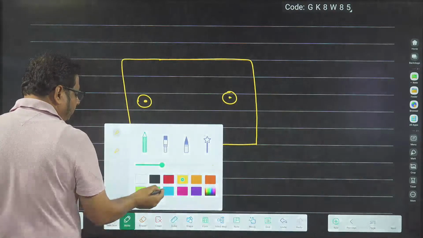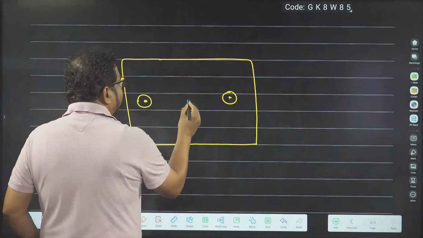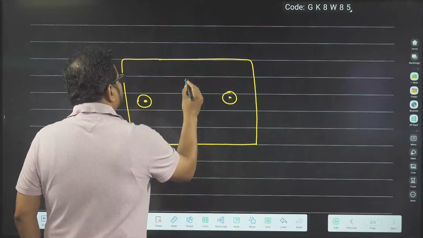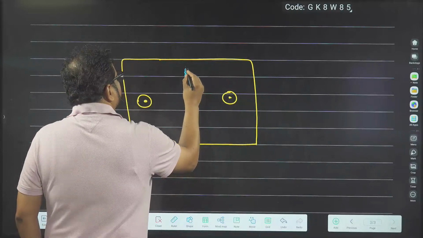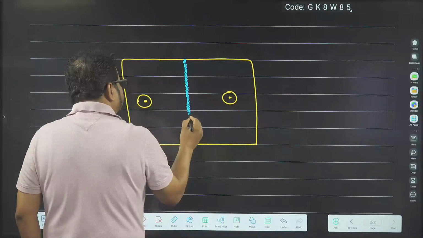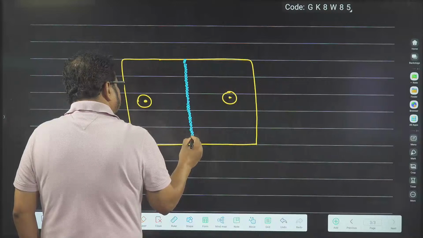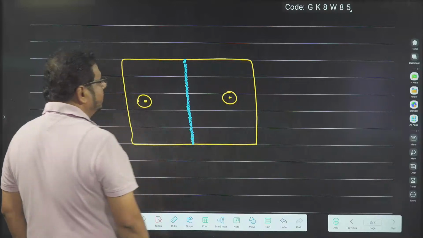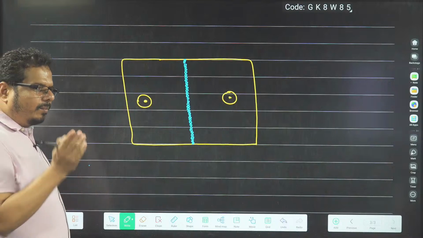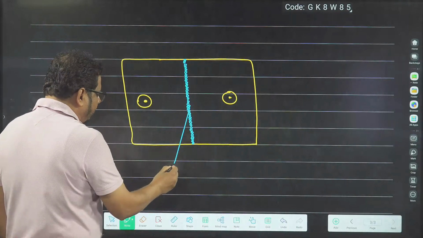Now cell wall formation occurs. The vesicles of the Golgi complex are arranged like this. Not only Golgi vesicles are there, many other things are there too. Microfilaments are also there, and endoplasmic reticulum also plays a role. The structure that is formed is called phragmoplast.